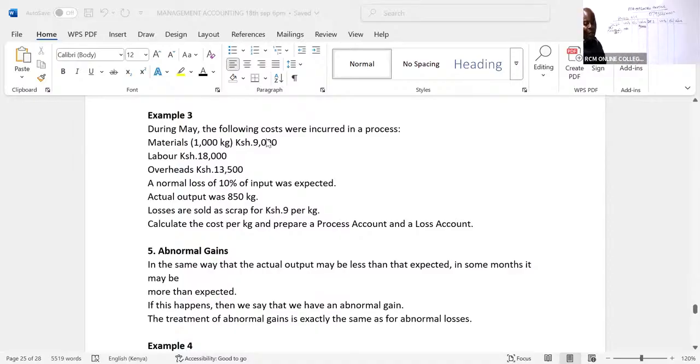So remember, once you brought in the main material, now you need to bring what we call conversion. Conversion is made up of two items, labor and overheads.